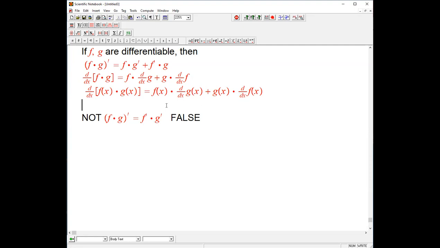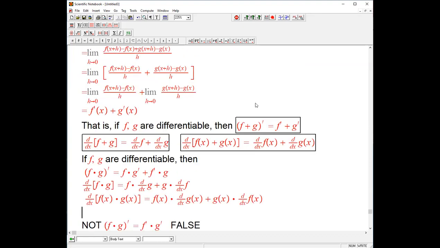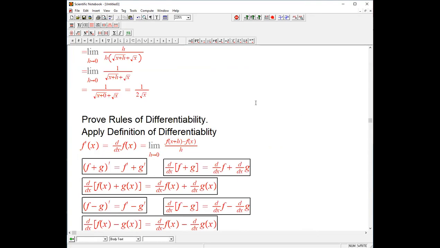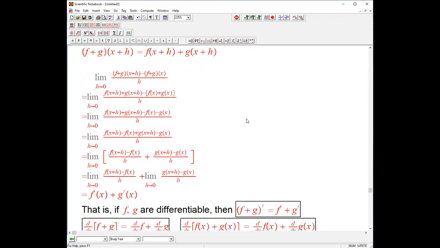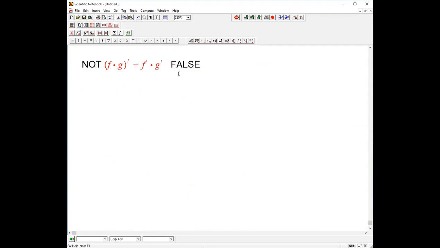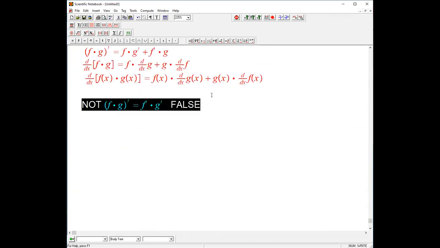With respect to the same variable, i.e., we're applying the definition as what we have on the top. And this time, let's see how we prove it. This is false, right? So let's prove it.